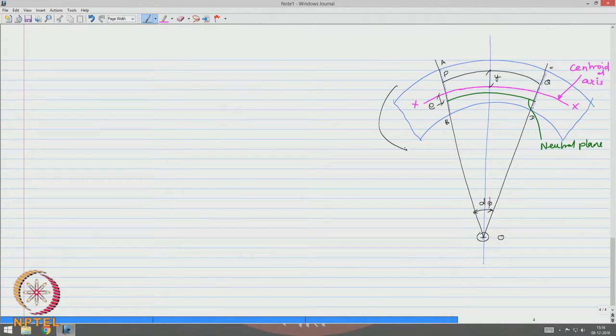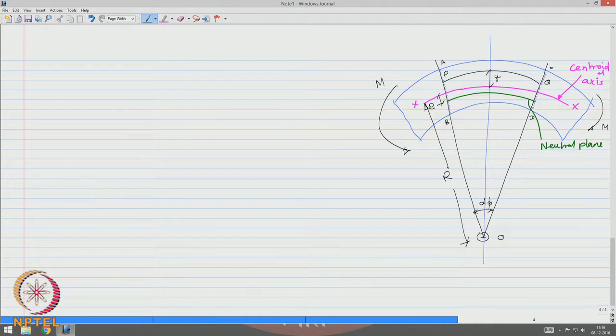Let us say the beam is subjected to an applied external moment m and has an initial radius of curvature r as shown in the figure.